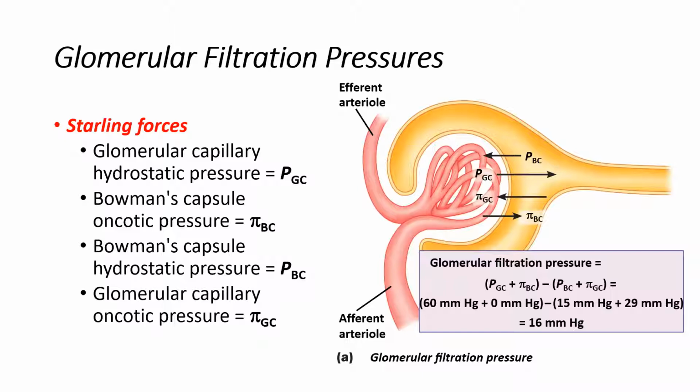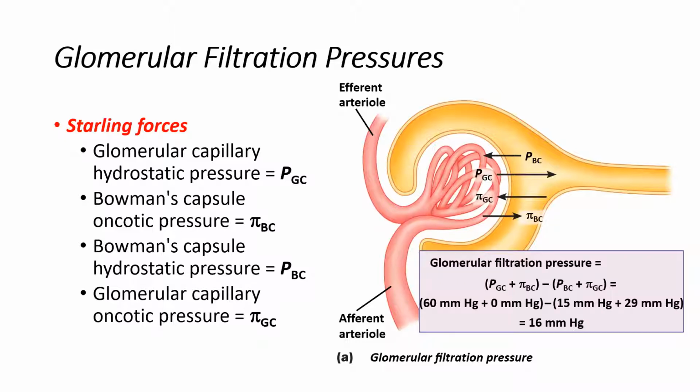So just going back a little bit to what we talked about last semester, if we've got more proteins present on one side of a membrane that is not permeable to the proteins themselves, then in order to equalize the concentrations, fluid is going to move from the area where it's in high concentration across to the area where there's more protein.